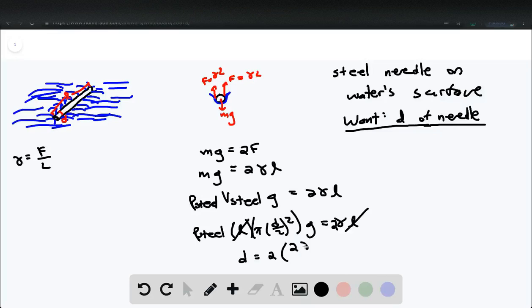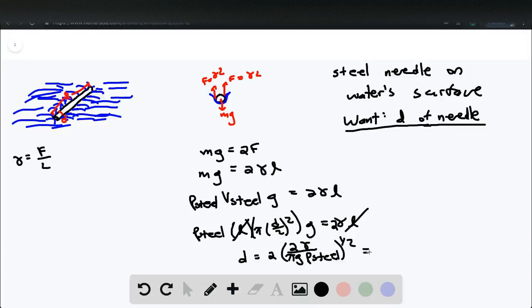So 2 gamma divided by g and divided by rho steel, the density of steel, and divided by pi, all to the 1/2. So we have to take the square root, and then I'm multiplying by 2. So that's just some algebra to isolate d.